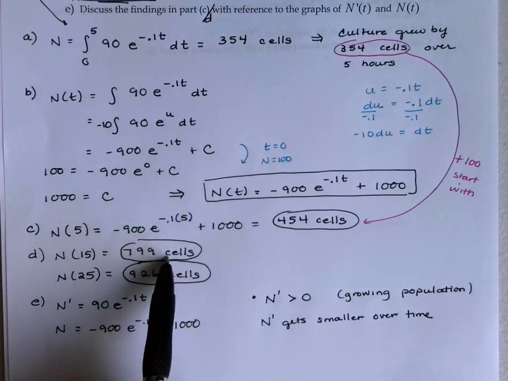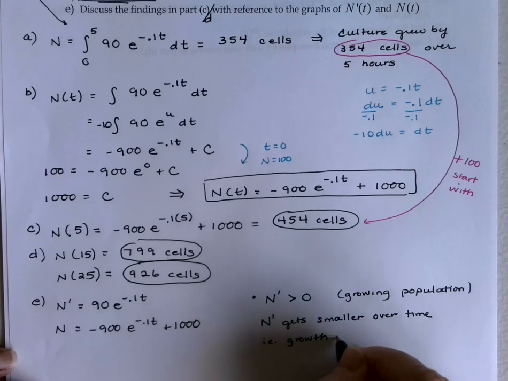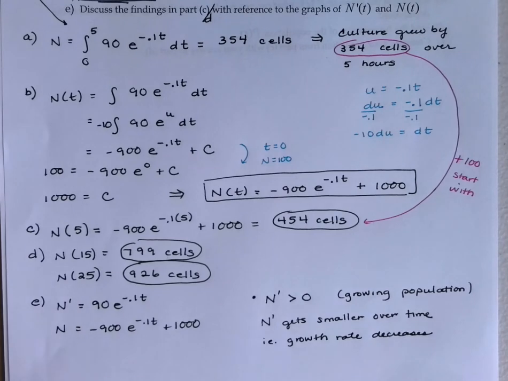It was going up faster here than it was later on. So the growth rate decreases. Logically, if you think about the situation, this should make sense. They added some nutrients to speed the growth of this culture. So right away, that's going to increase the growth rate quite a bit. But over time, as the nutrients get used, the growth rate's going to decline.